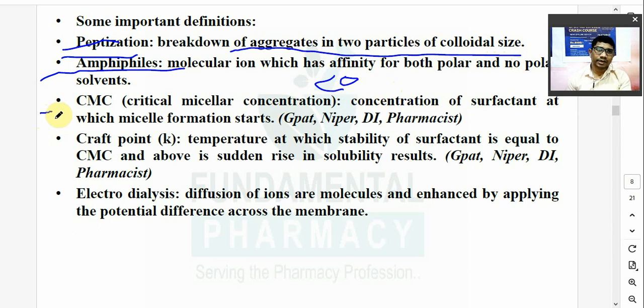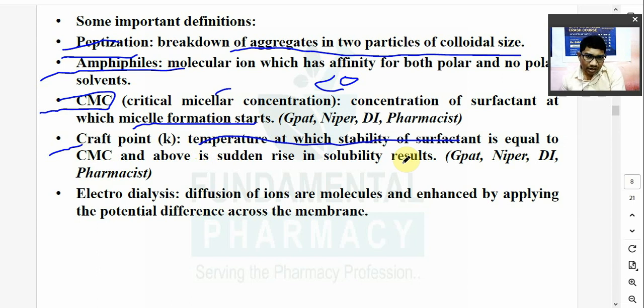CMC, critical micellar concentration. There is a concentration of surfactant at which there is a formation of micelle. इसके ऊपर बहुत बार क्वेश्चन आ चुका है, 2-4 बार आ चुका है. What is CMC? What is the Kraft point? Kraft point इसके ऊपर GPAT 2022 में भी क्वेश्चन आ चुका है.